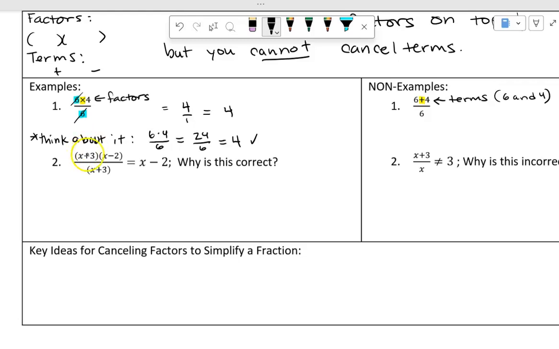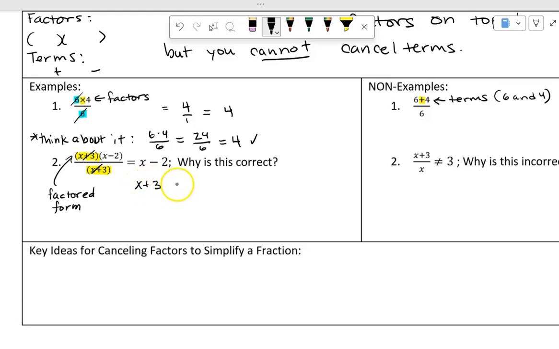It gets a little trickier though when you think about x's. It's easy with numbers, but tricky when we can't tell what things equal. But in example 2, we see factored form on top. And so because we have factors, we can cancel them with matching factors on bottom. On the bottom, I don't have factored form because there's only one set of parentheses here, but I can take this entire thing and I can cancel it with the factor on top, just like that.